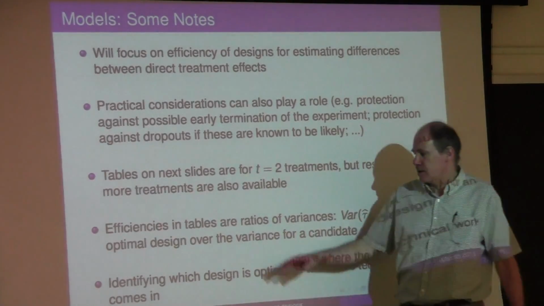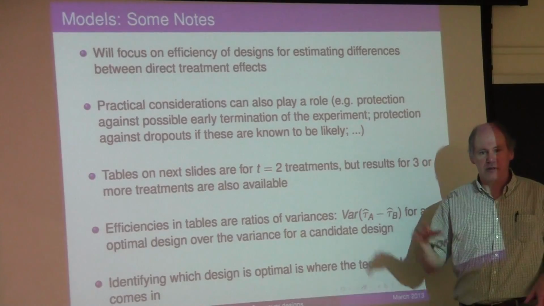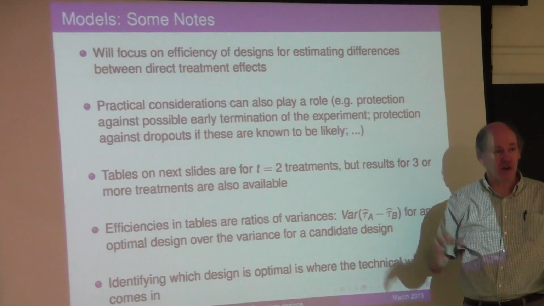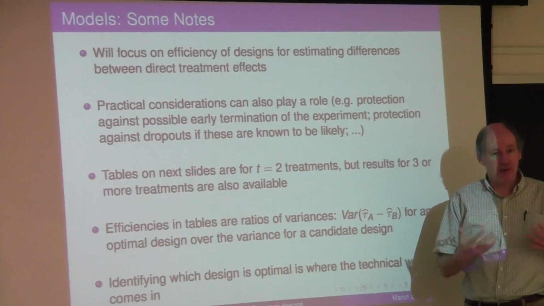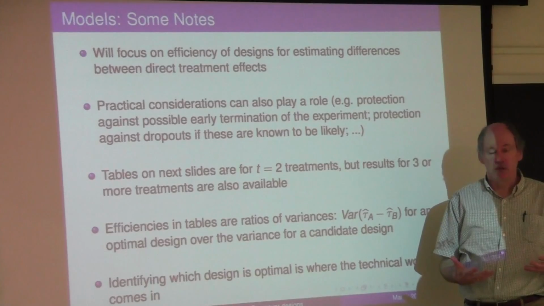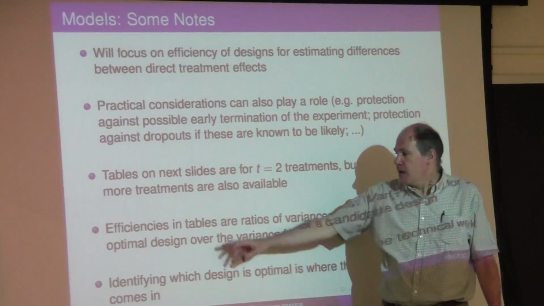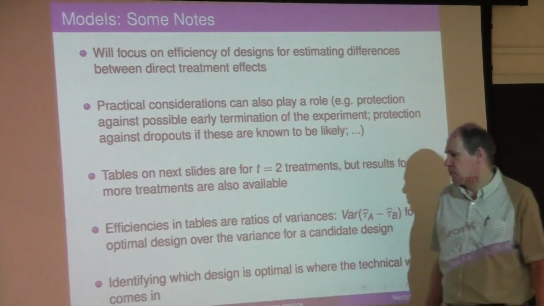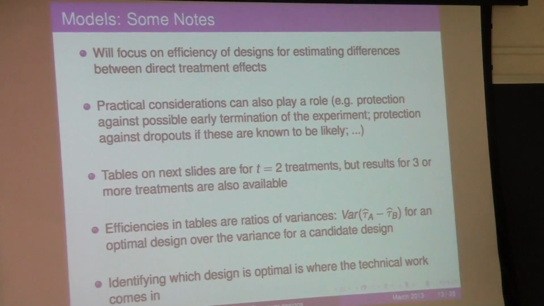And I'm not showing you the result. The papers that I showed at the beginning, several of those papers, helped to identify these optimal designs. And I will consider in my tables that I'm going to show you a whole bunch of different designs. And I'll give you efficiencies of those designs.